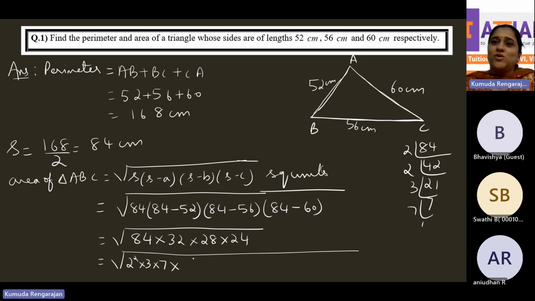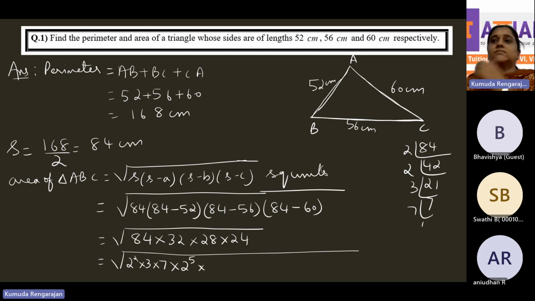You got 1344 or no? Yeah, so 2 to the power 5.